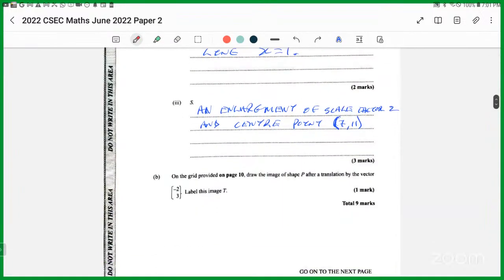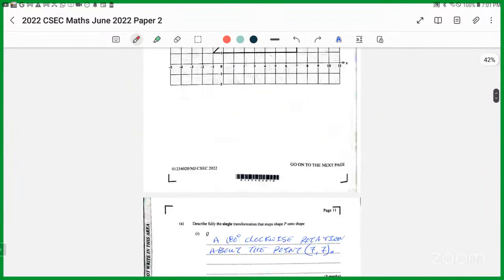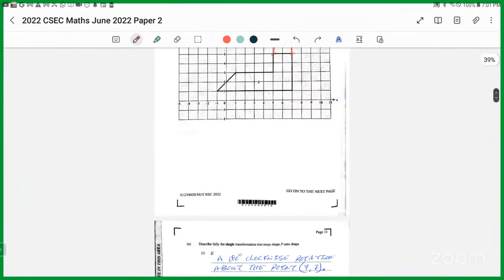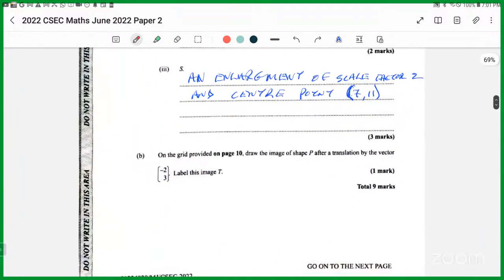All right, the next part, on page 10, the same page here, wants us to draw the image of the shape P after a translation by the vector negative 2, 3.